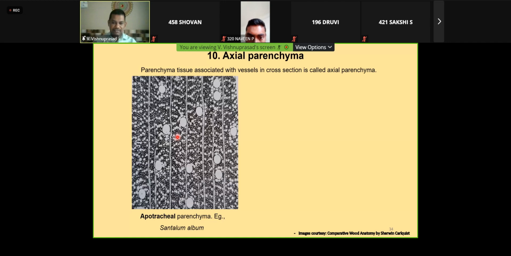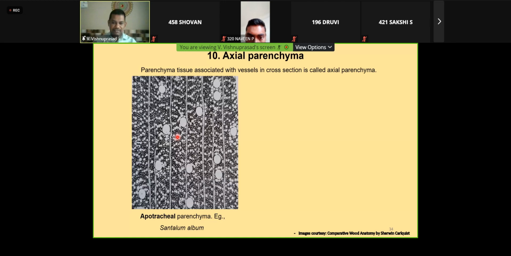So if it is biseriate, the ray width is the same as that of the uniseriate one. Even this is possible. So such flexibility and variations you find in the case of hardwood when it comes to ray seriations and ray width.